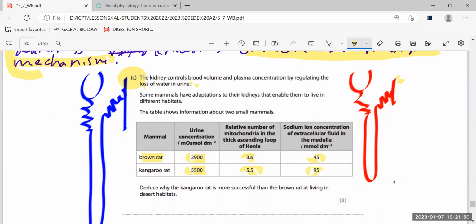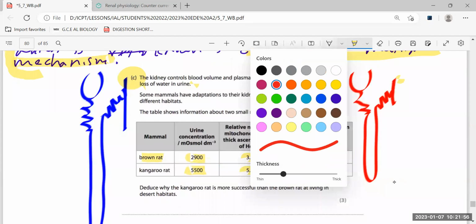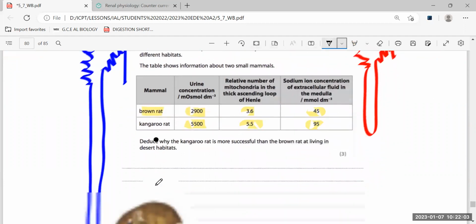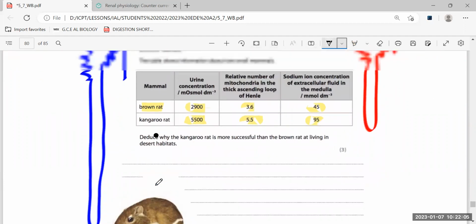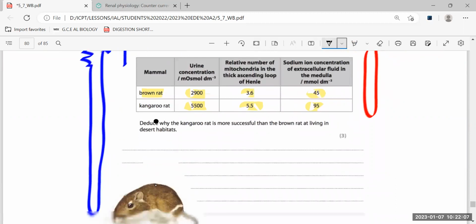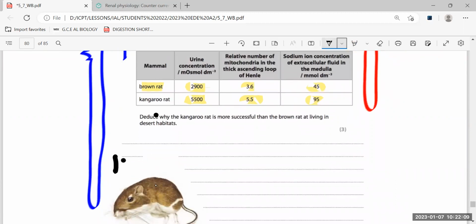One important point we should remember: the kangaroo rat has a long loop of Henle, right?